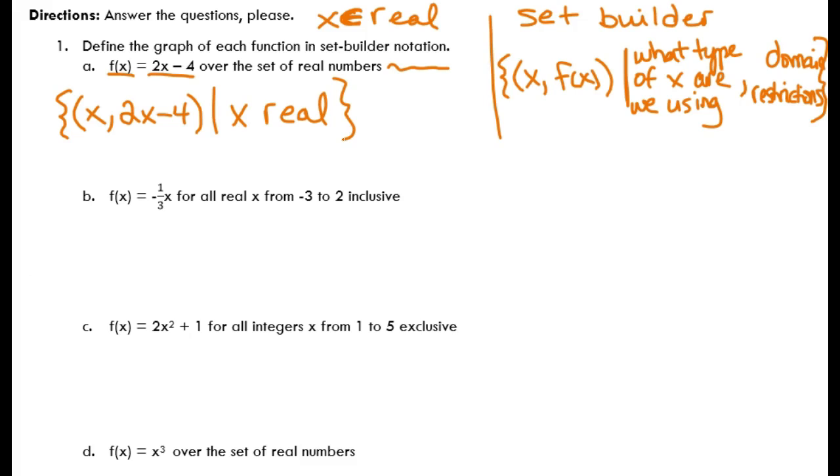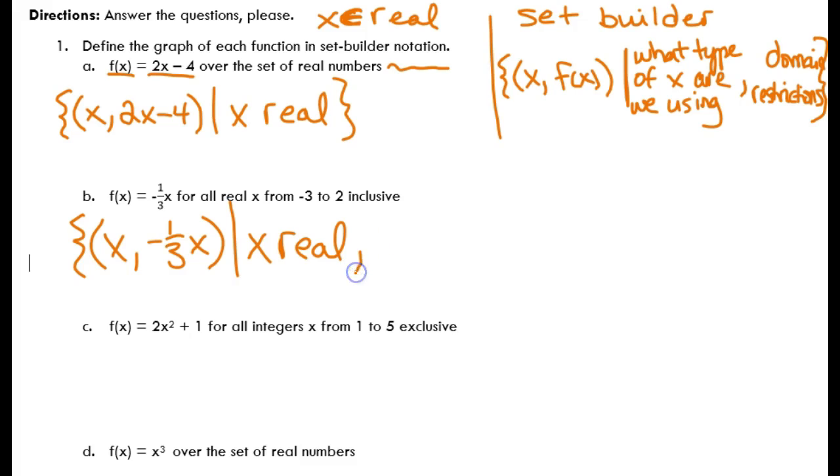In B, I got rid of this extra weird negative that's on your paper, so sorry about that. It's just supposed to be one negative. So again, we write parenthesis x comma negative 1/3 x, parenthesis where x again is a real number, and then comma, this time it says from -3 to 2 inclusive. So we have to write this in a more technical way.